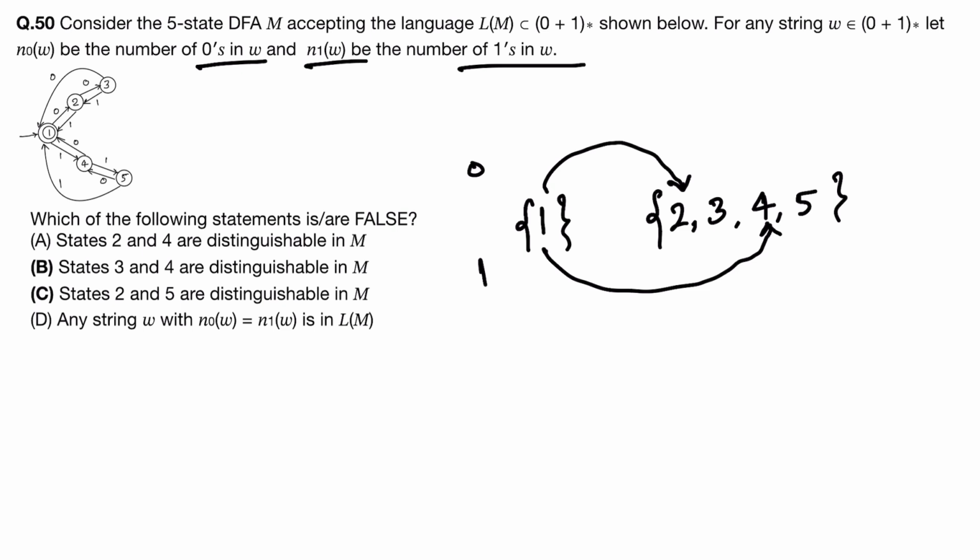For 2, at 0 goes to 3. For 2, at 1 goes to 1. Okay, for 2 done. For 3, at 0 goes to 1, at 1 goes to 2.